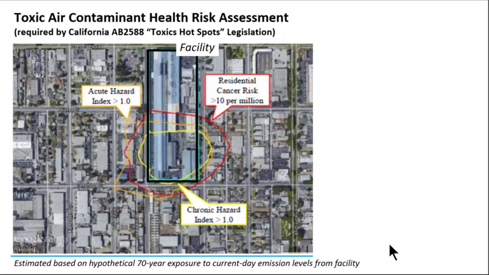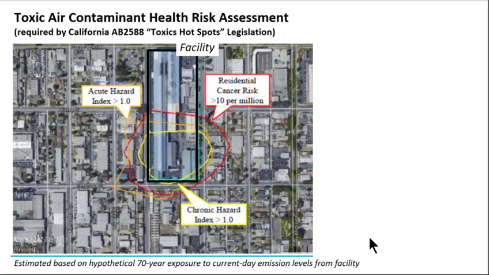Since cancer risk is generally the main effect, we focus on the red outline, which is the contour where average annual concentrations of all toxics combined emitted from the facility are sufficiently high in concentration to produce a greater than 10 in a million increased risk of cancer for someone exposed long term to these concentrations.